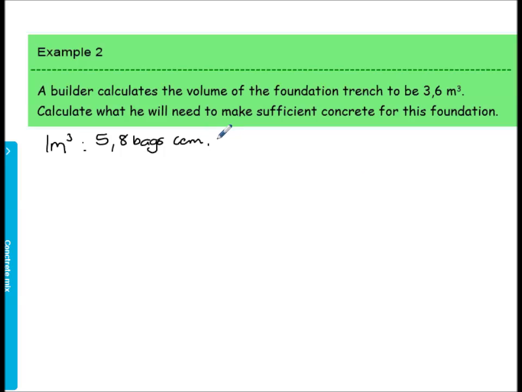That was given to us, equals, I now have to have meters cubed to bags of cement. They told us that in total we have 3,6 cubic meters. So in this place here, I'm going to write 3,6 cubic meters. And how many bags of cement do I need? Well, I fill in an X.